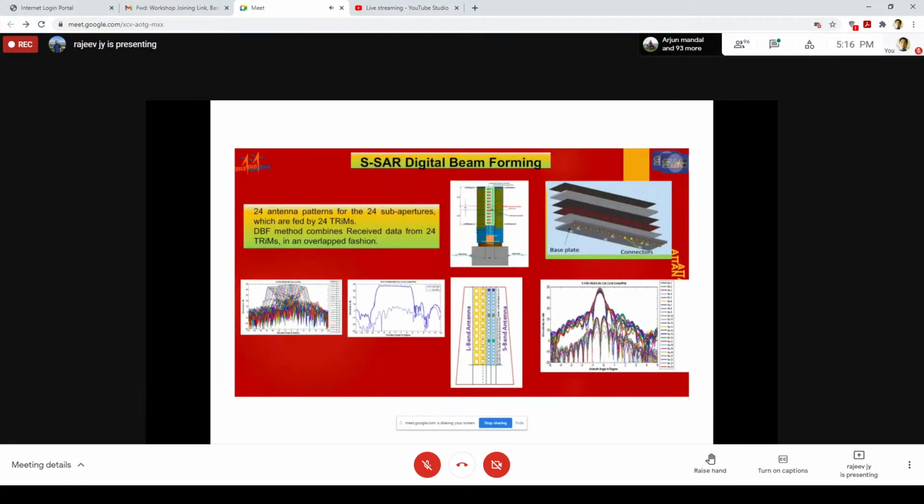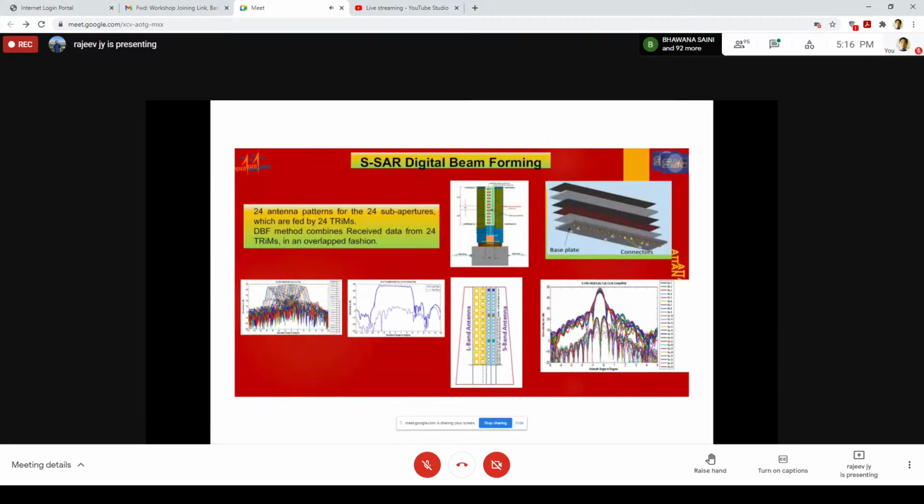This mission is going to have X-band SAR from ISRO and L-band SAR from JPL. So again we have a two-band radar. We have multiple very narrow beams from a 12-meter antenna, and there are 24 feeds in the focal plane, because of which we get a large swath.